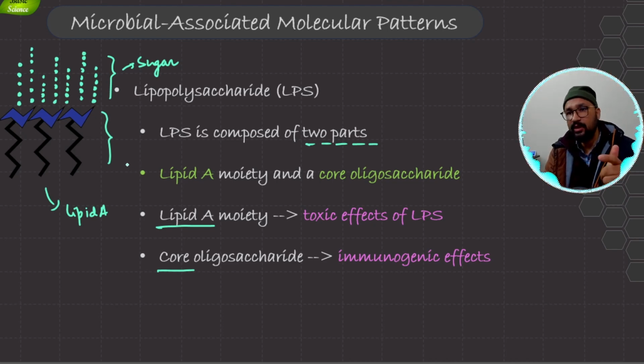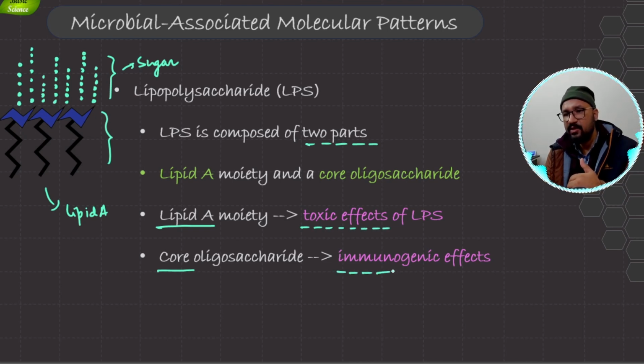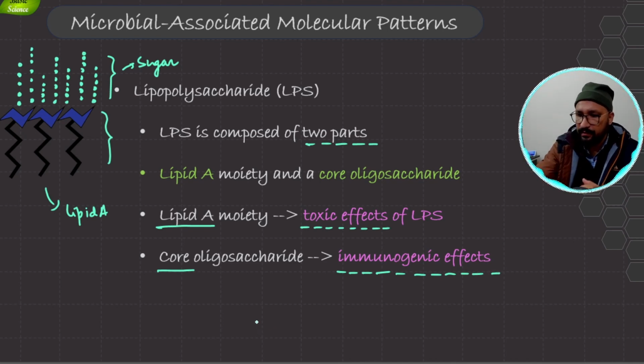So if you have antibodies against this, it will interact and specifically bind to those molecules. Lipid A is very, very toxic in nature. It is going to cause potent damage to the host. So all the toxic effects of the LPS are because of the lipid A, and the immunogenic effects are because of your sugar moiety, right? So this is the general structure of LPS.